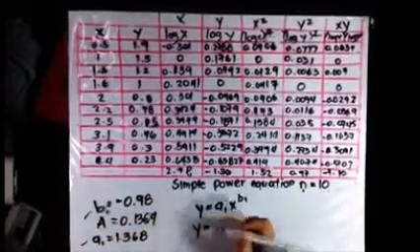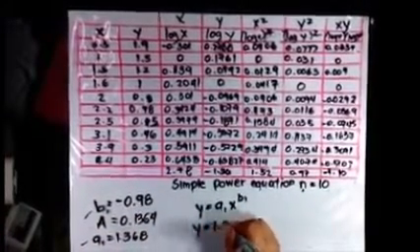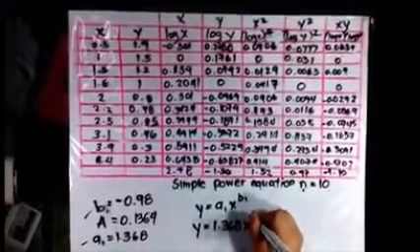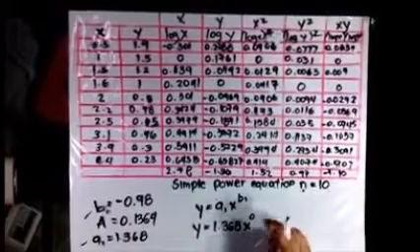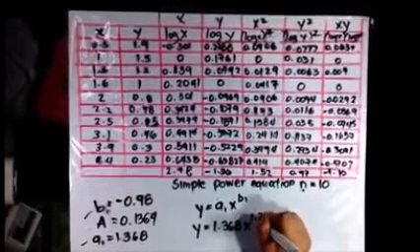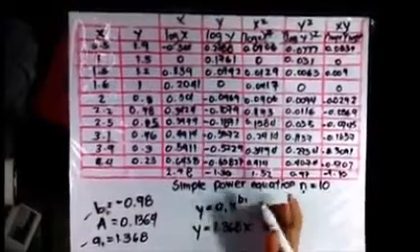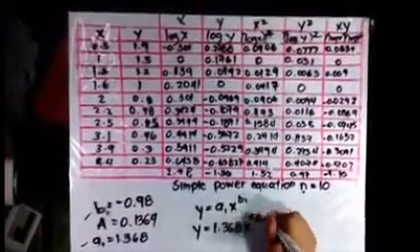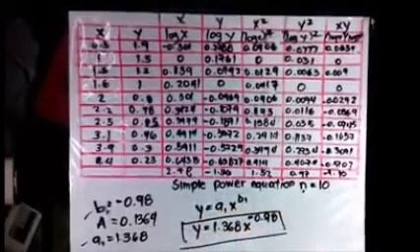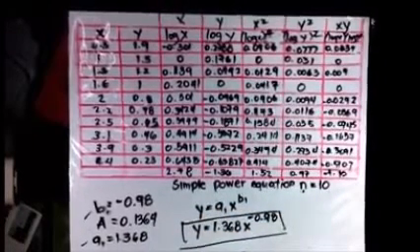We have y is equal to 1.368 times x raised to negative 0.98. And that's our simple power equation.